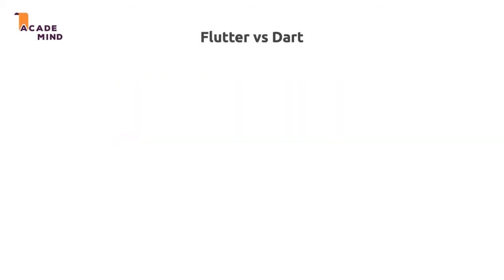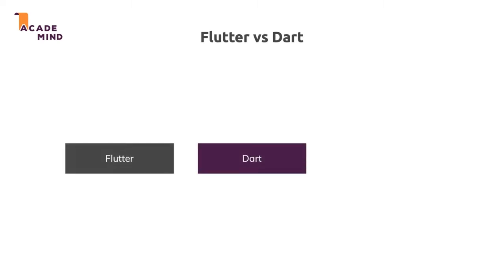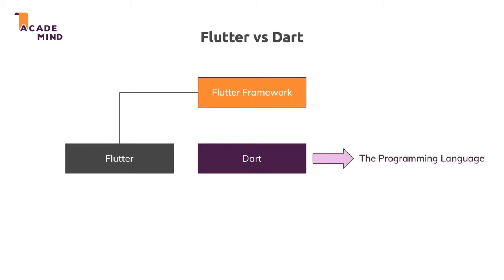So Flutter and Dart are not really alternatives, instead they're working together. Flutter builds up on Dart. It's a framework for Dart, and Dart actually is the programming language which we're using.